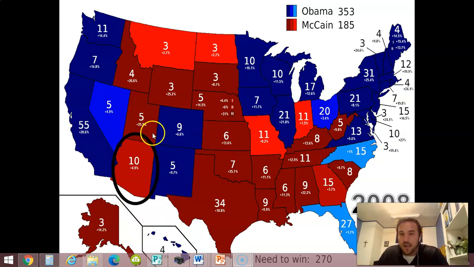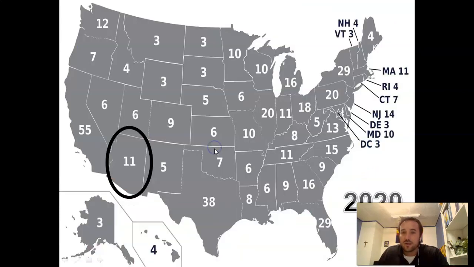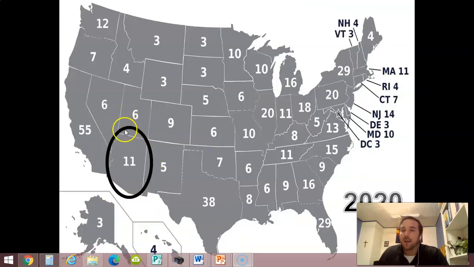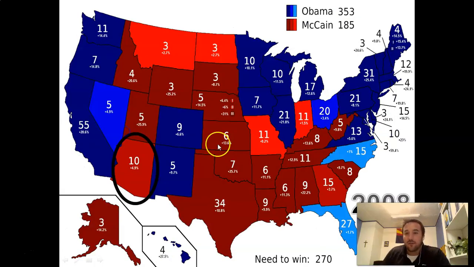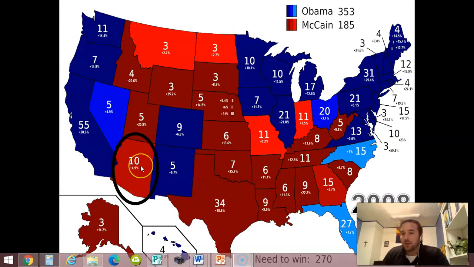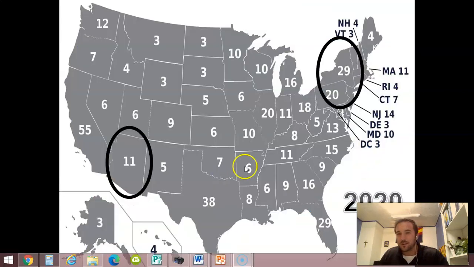From 2008 to 2020, Arizona's population went up. We actually have more people in 2020 than in 2008, which is why we actually added a state representative. So instead of, in 2008, having 10 Electoral College votes, now we have 11. States don't always go up in population.